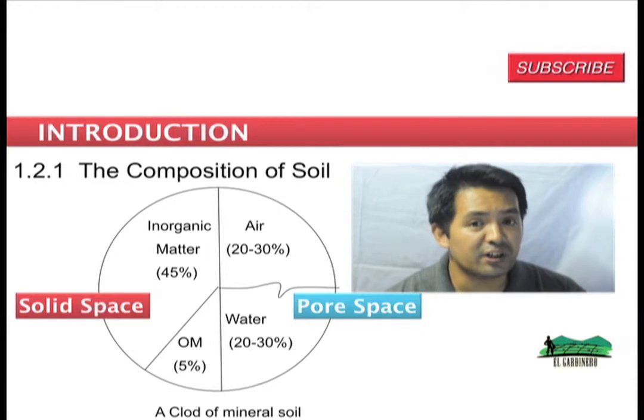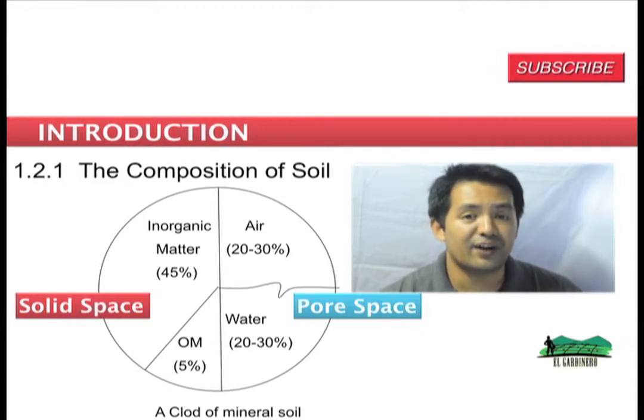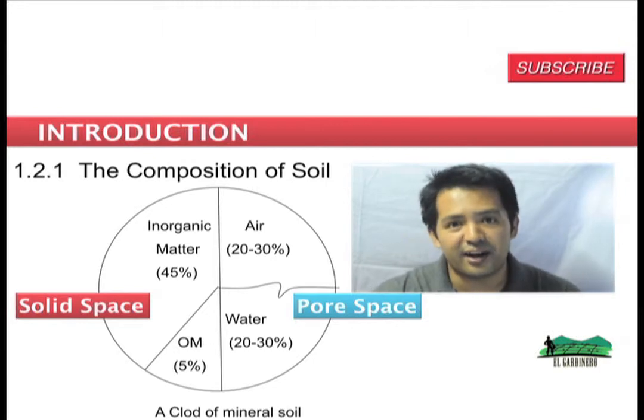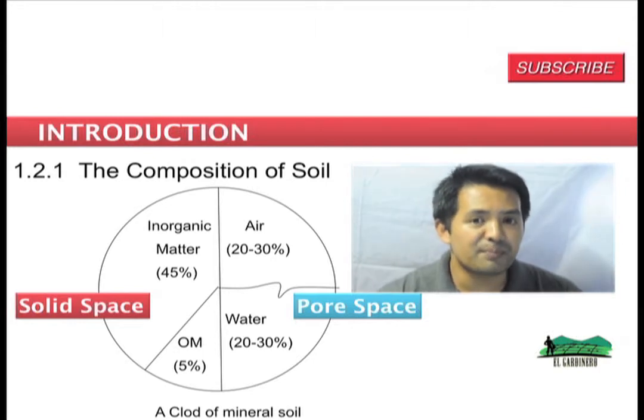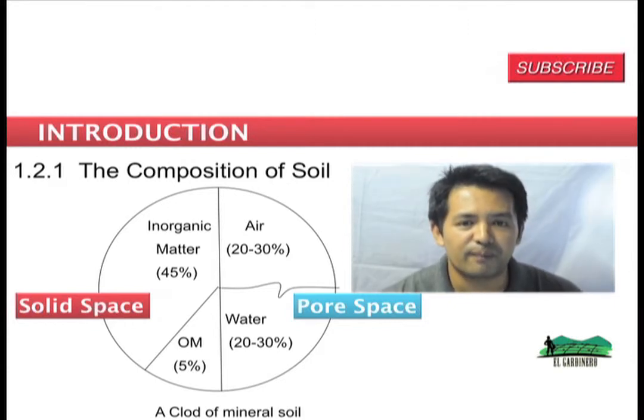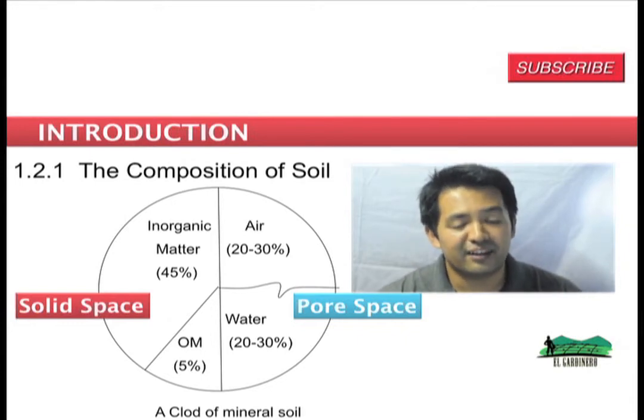So water can be 30% and air 20%, and vice versa. If the soil is dry, air can be 30% and water only 20%. And it depends on the condition of the soil. If the soil is very dry, then it can exceed more than 30%.